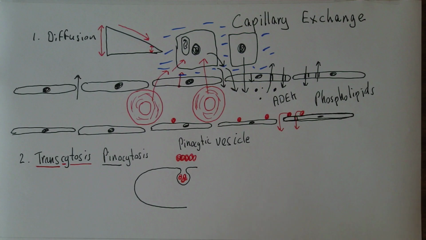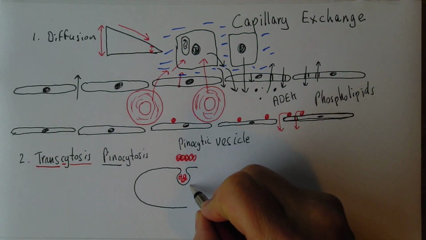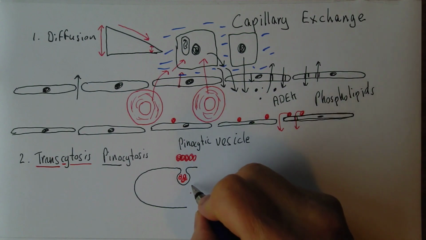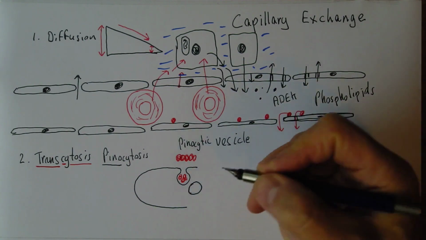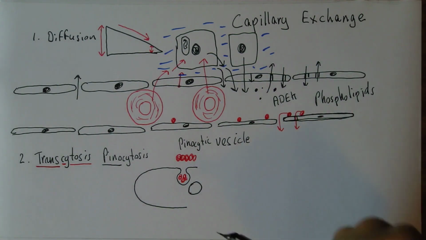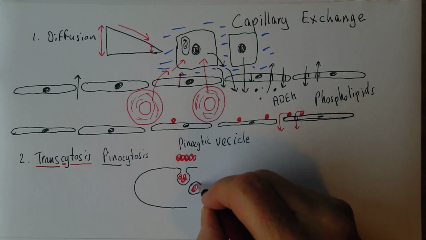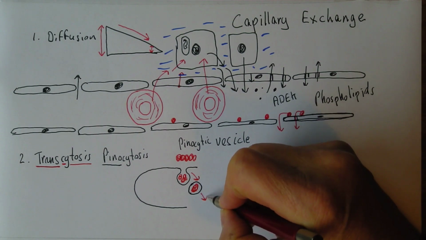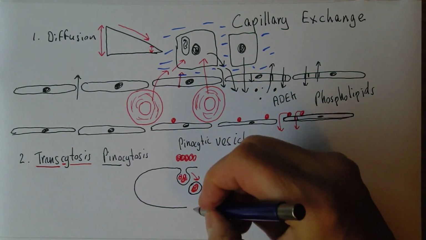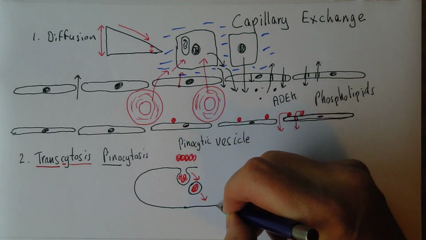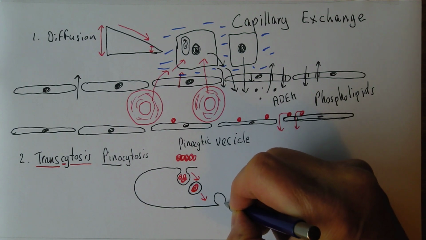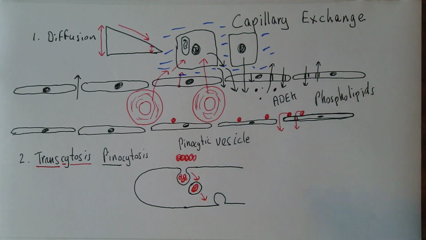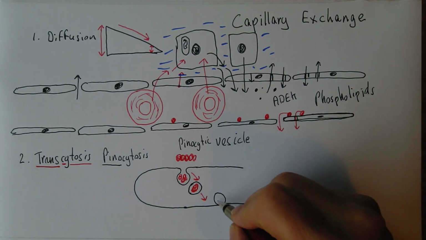So then what we end up with is this vesicle containing the molecules that want to be transported, now inside the cell, like this. And they will simply move across the cell to the other side. And then once at the other side, you'll get the reverse process here, where the vesicle will merge with the other membrane, allowing the material to get out.